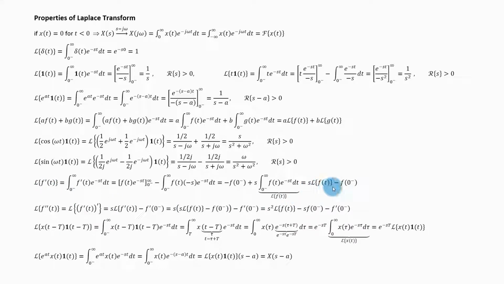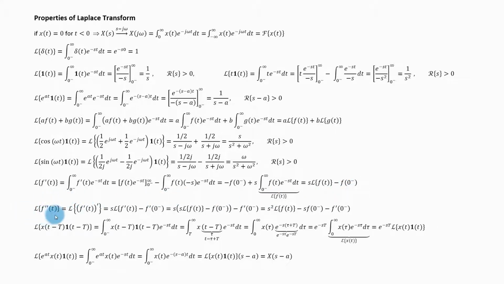But this time, I suddenly have this f at 0. Well, that is how the Laplace transform deals with the initial conditions. When you have a differential equation, you can provide initial conditions to get your particular solution. With the Laplace transform, this is where the initial conditions pop up. This is actually my initial condition at time 0.